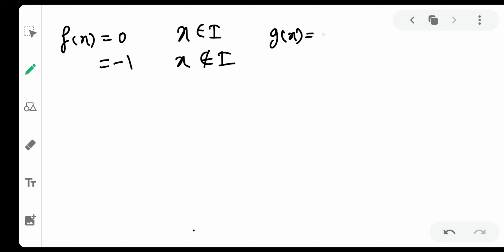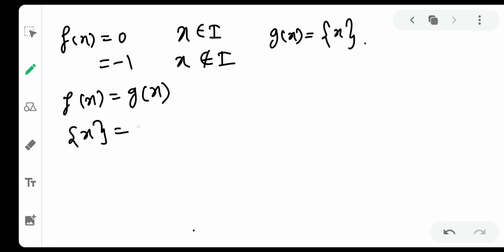f(x) is equal to 0 when x belongs to integers and it is equal to minus 1 when x does not belong to integers, and g(x) is simply equal to the fractional part of x. Now f(x) equal to g(x). There are two values for f(x): the fractional part of x equal to 0 and the fractional part of x equal to minus 1.